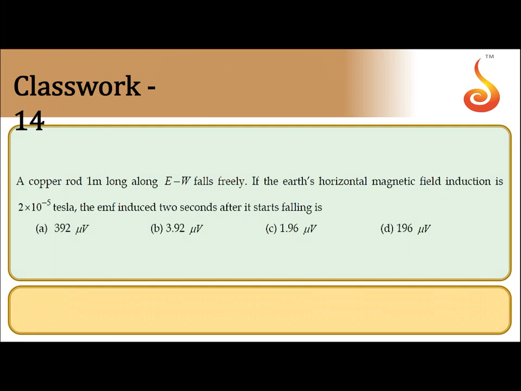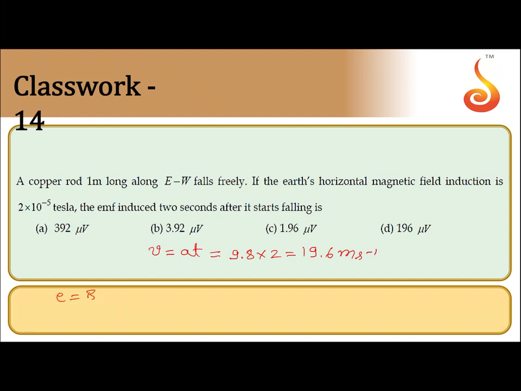That means what velocity it will pick up. It is falling from rest, so we can use V is equal to U plus AT, but U is equal to 0 as it is falling from rest. So, A is G, that is 9.8 into T is 2 seconds, that is 19.6 meter per second. This is V.